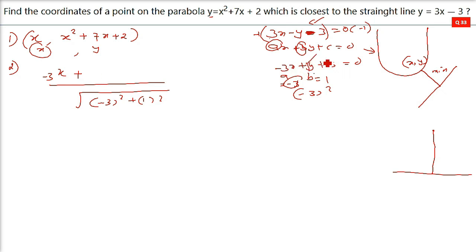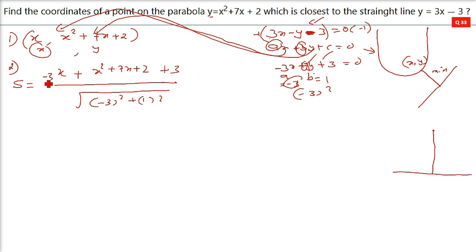Negative 3 is a, b is 1, and c is 3. In place of x I am writing x, and here b is 1 and y is of course x square plus 7x plus 2. How about c? c is 3. So just write 3 here.